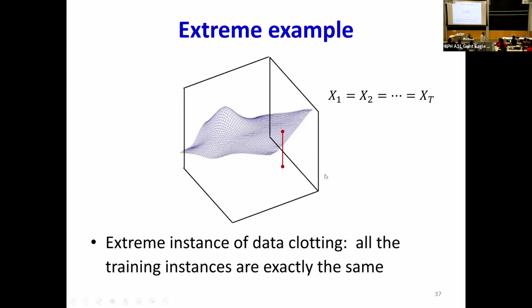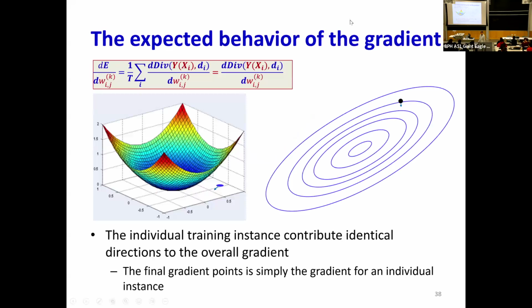If I were taking the average divergence over all the training data instances, is this going to be different than taking the divergence for a single data instance? No, right? It's going to be the same thing. And so after having processed all T data instances, you're making the same step that you would have had you had just one data instance, right?